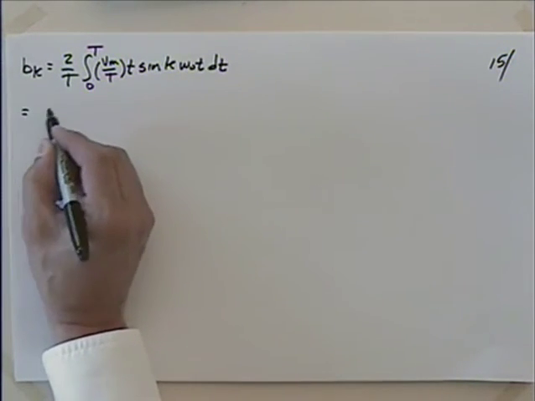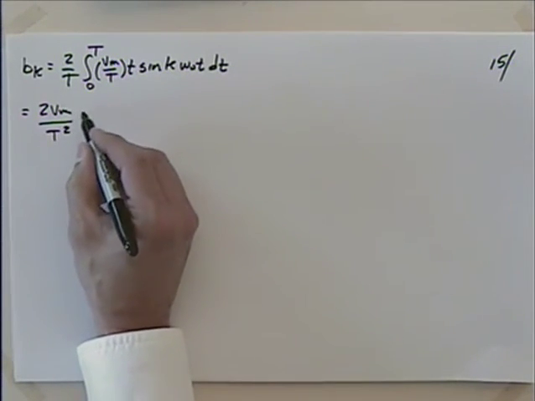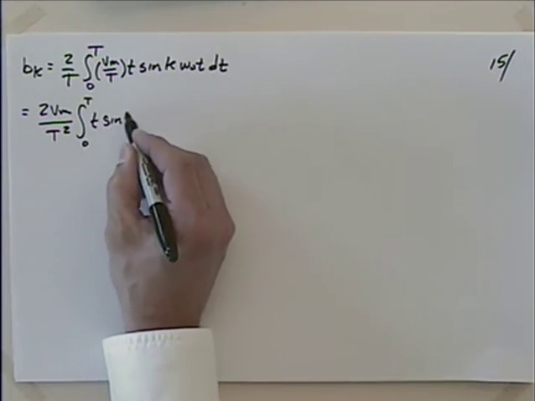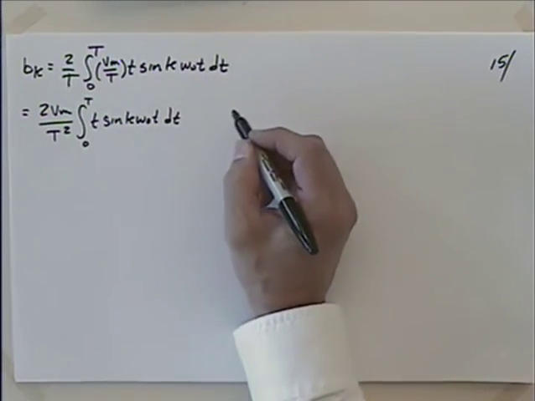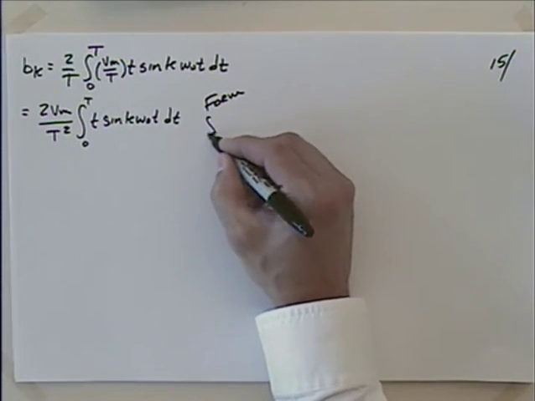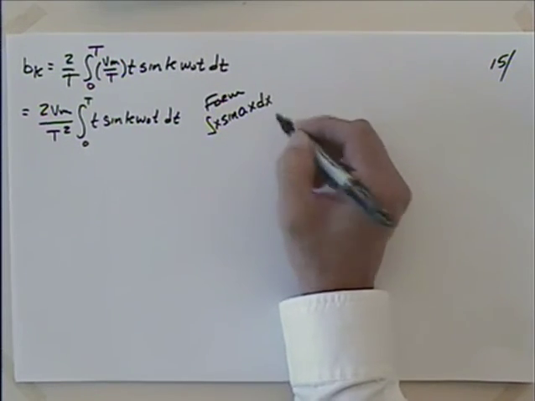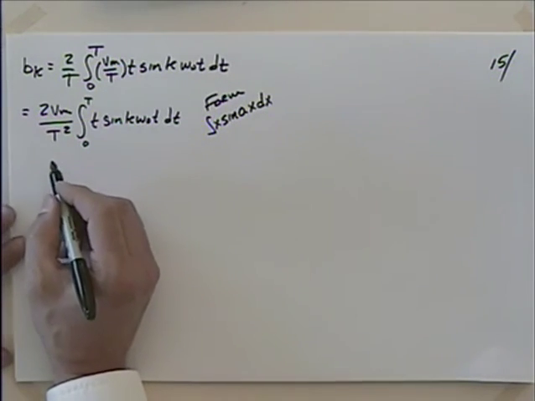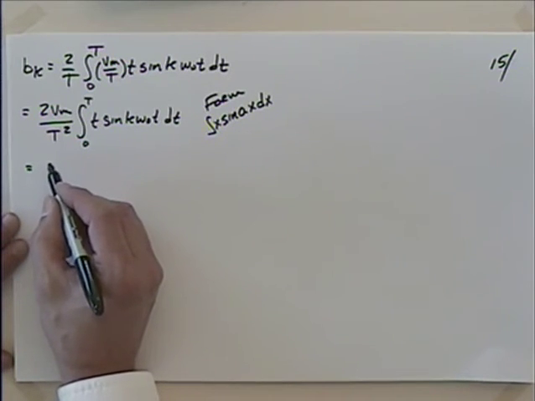So we've got that this would be equal to 2 Vm divided by T squared times the integral from 0 to T of t sine k omega naught t dt, where I'd go and look for the form. If I was using math tables, I'd look for the integral of x sine a x dx, something like that, where a is a constant. And you'd come up with something like this. It'd look an awful lot like, not exactly, but very similar to what we just did for cosine.